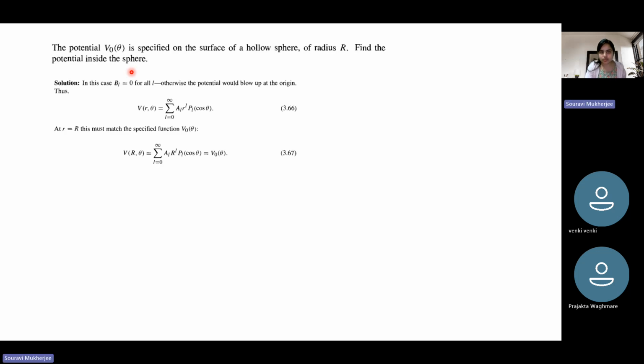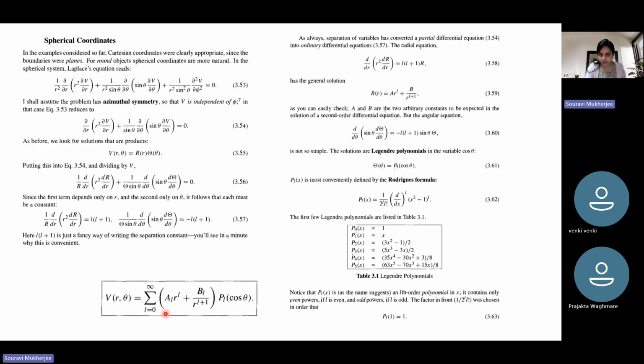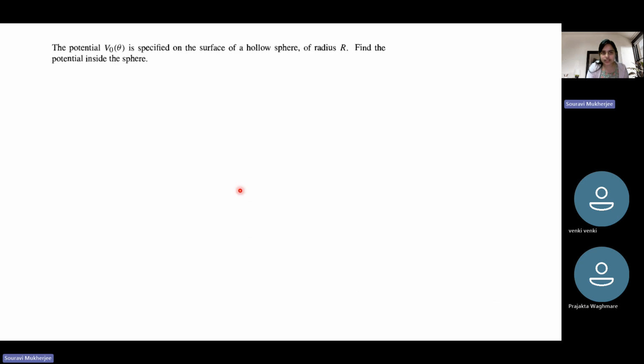So here, whenever you are asked to find the potential in spherical coordinates, where the potential has this form, you have to choose the form based on the region involved. Here, it asks for the potential inside the sphere.